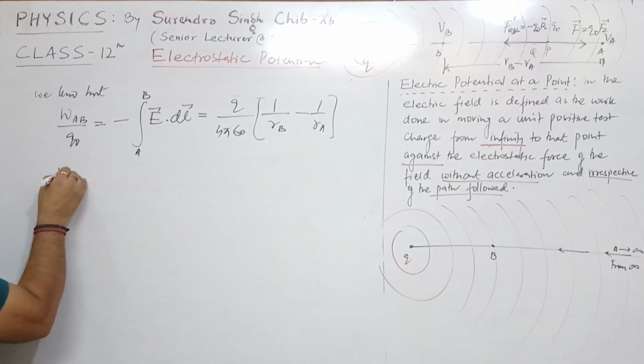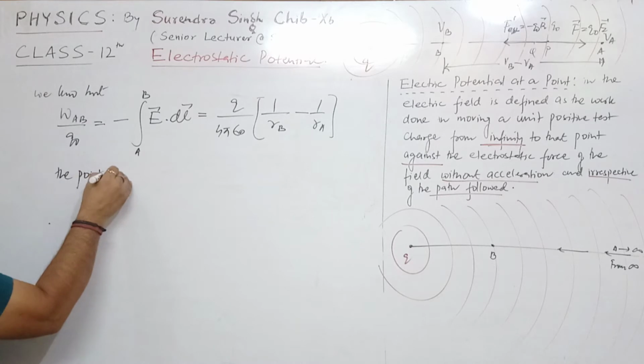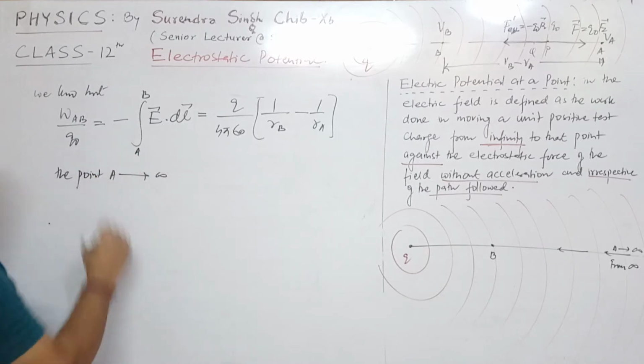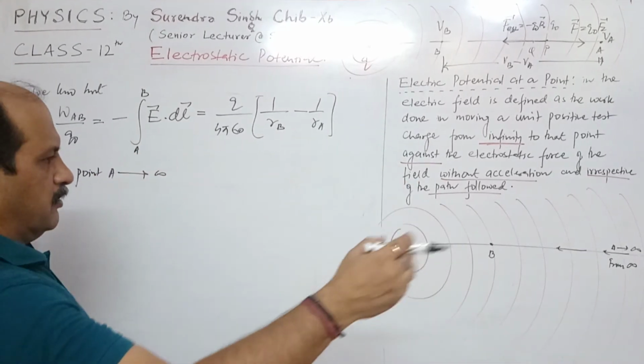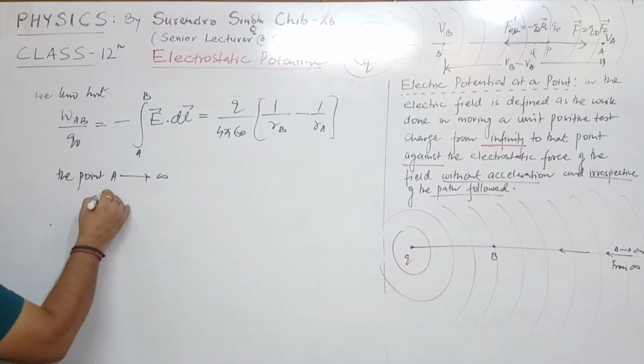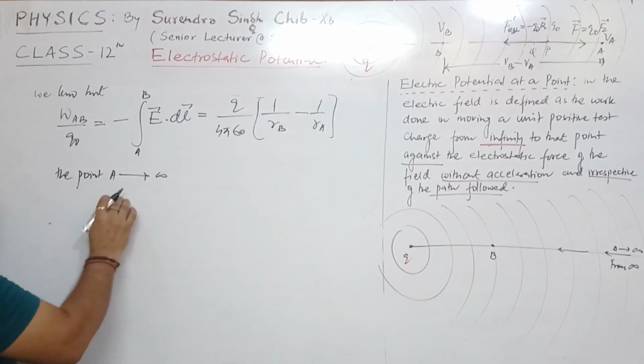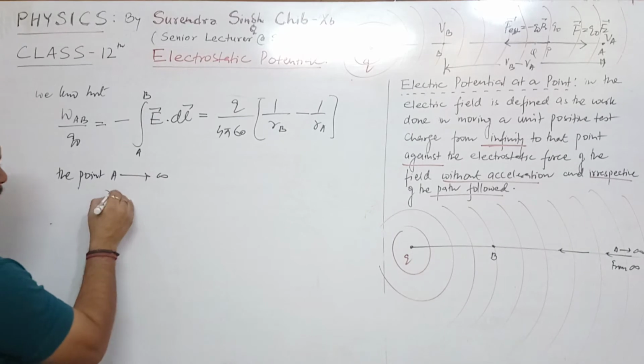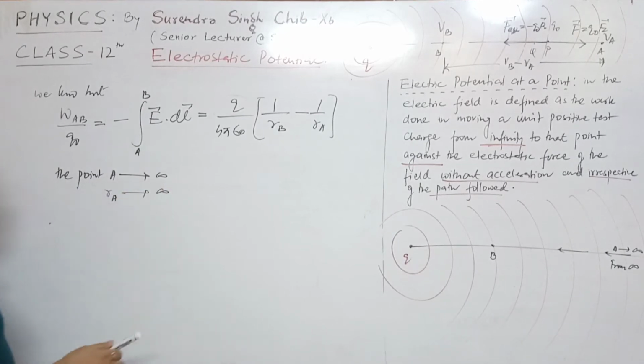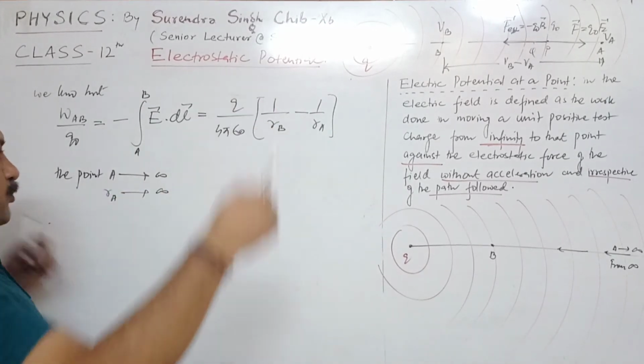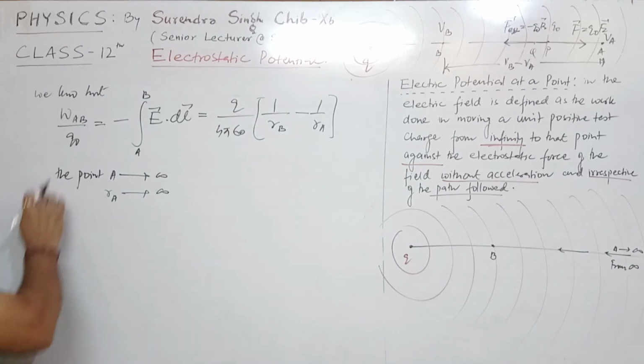The point A tends to infinity. तो point A काफी दूर है, infinity पे है, और अगर infinity पे है तो we know that कि potential क्या होगा. इसका मतलब RA भी क्या होगा? Infinite होगा. Position vector of infinite point. It should be infinite. So put all these things here.